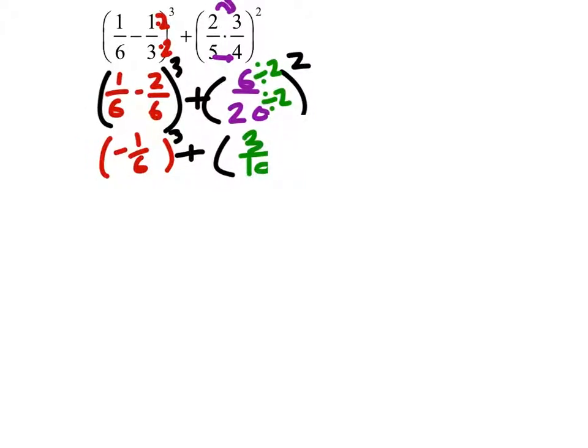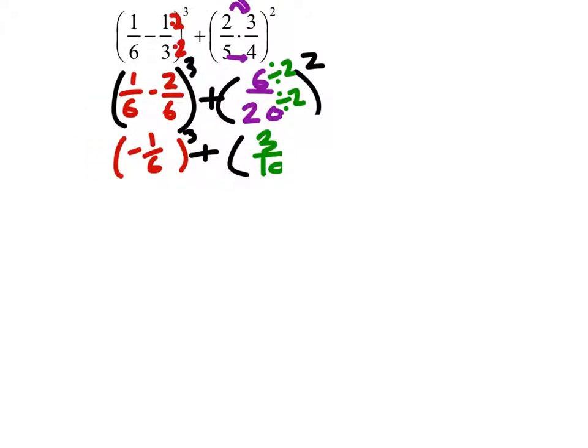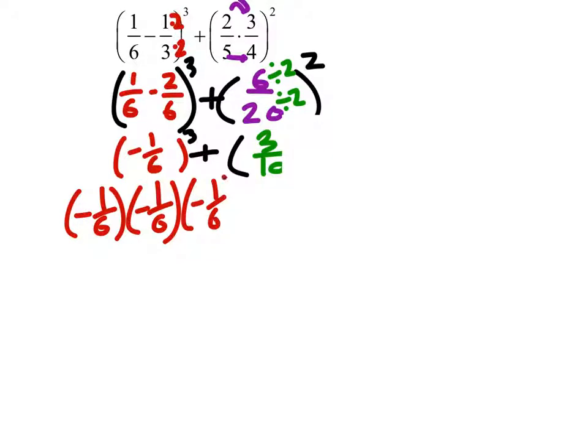So expanding these exponents, I got negative 1/6 times negative 1/6 times negative 1/6. And negative 1 times negative 1 times negative 1 is negative 1. 6 times 6 times 6. Oh, let's try that on a calculator, actually. 216.